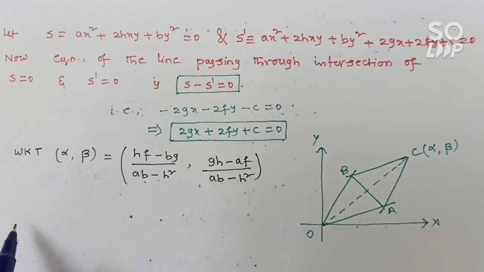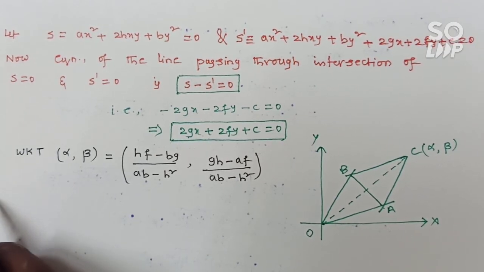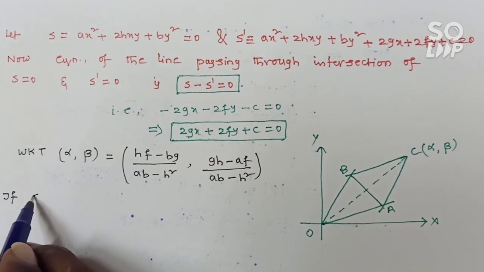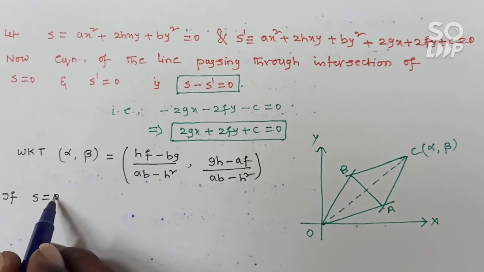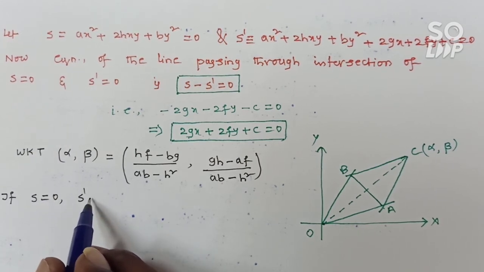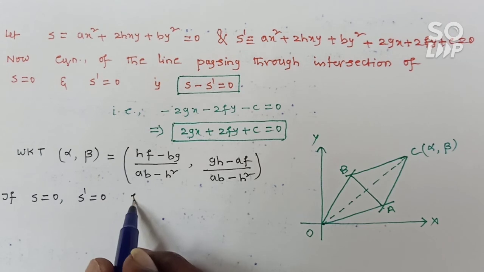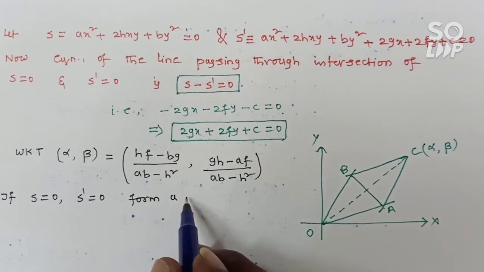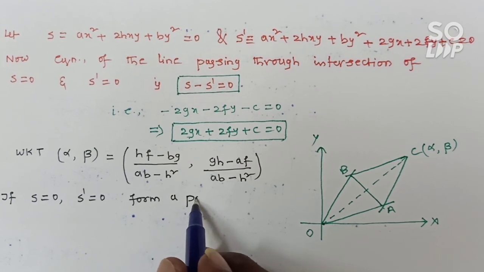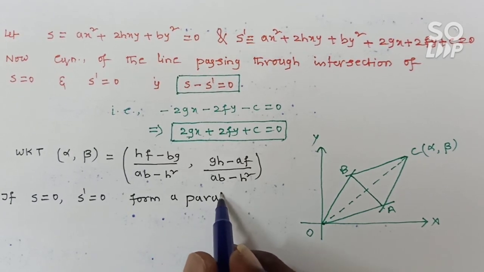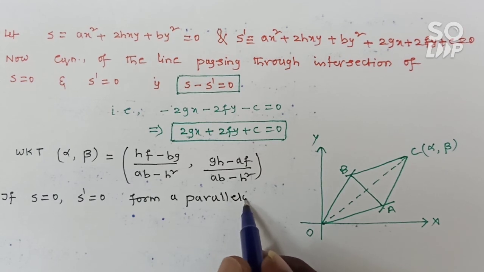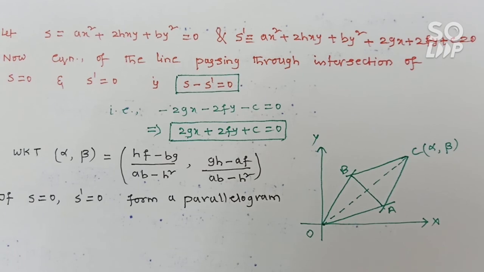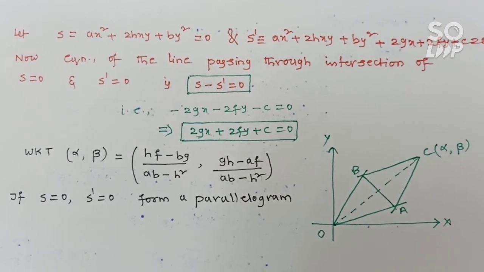Now here you can write that if S equals 0 and S dash equals 0 form a parallelogram, please all of you try to understand this one.